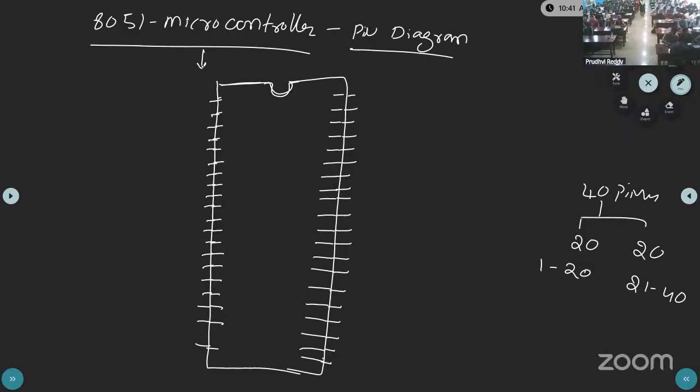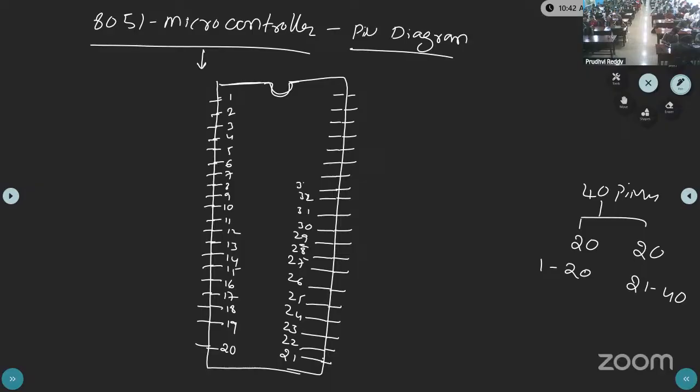Inside, you write the numbering 1, 2, 3, 4 up to 20, and then 21, 22 up to 40.